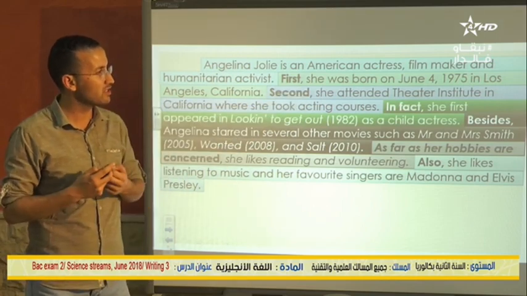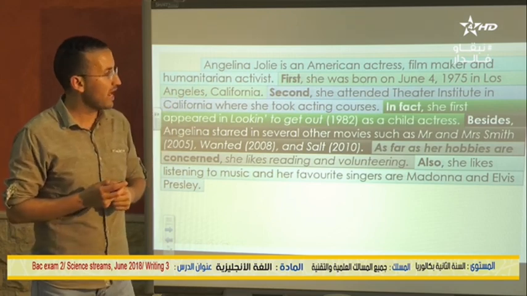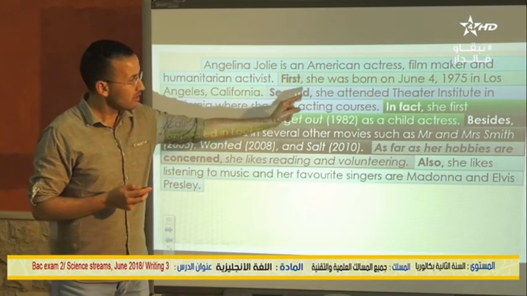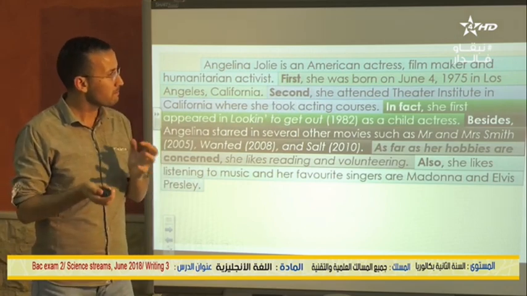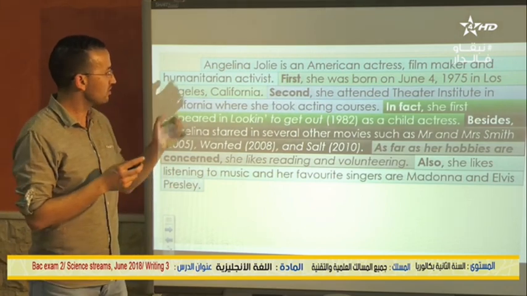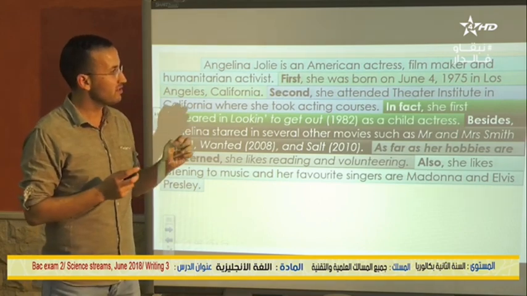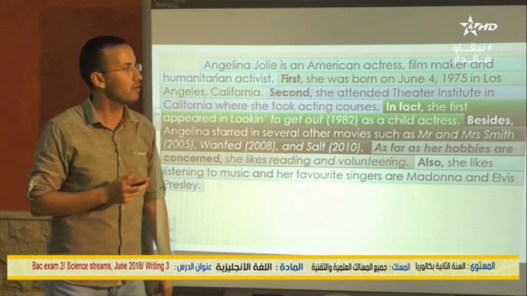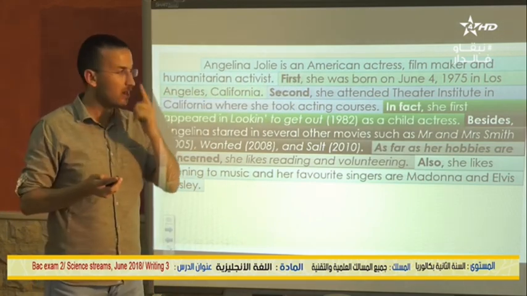Second, she attended Theatre Institute in California, where she took acting courses. Again, if you say, for example, she attends Theatre Institute in California, then you're not using the appropriate tense. Here, you need to use the simple past because we're talking about a complete action.